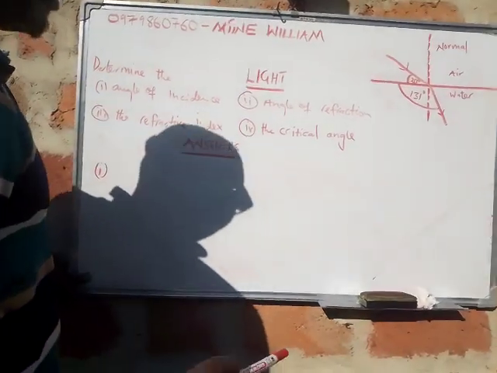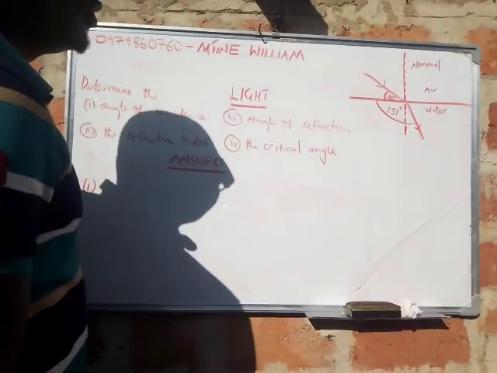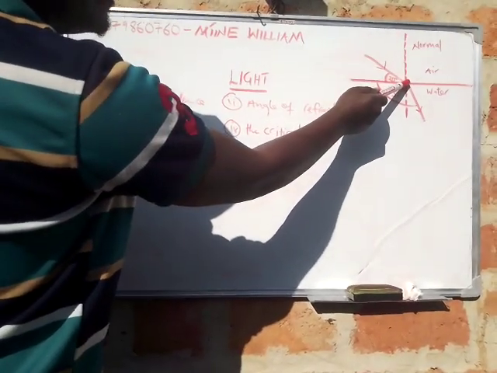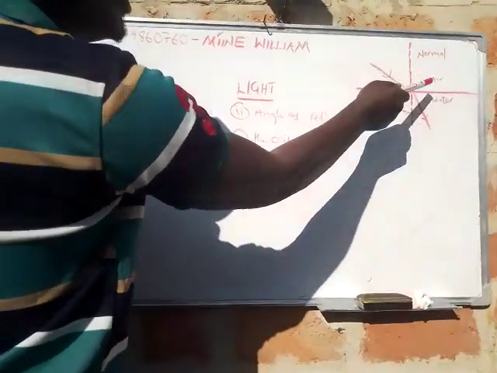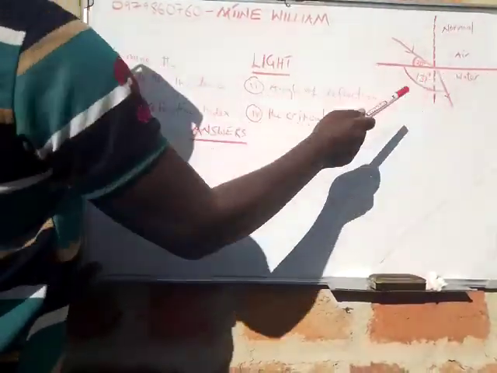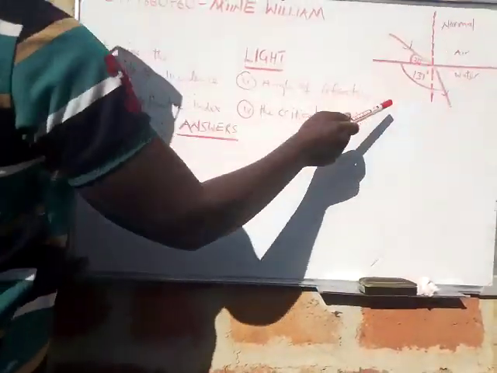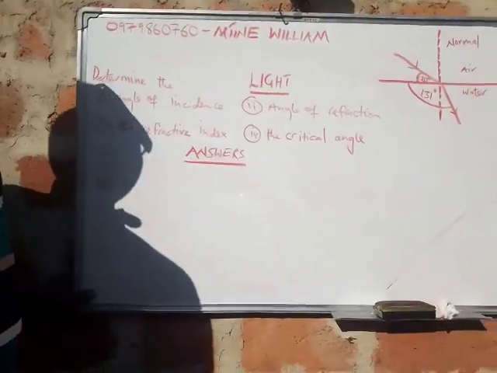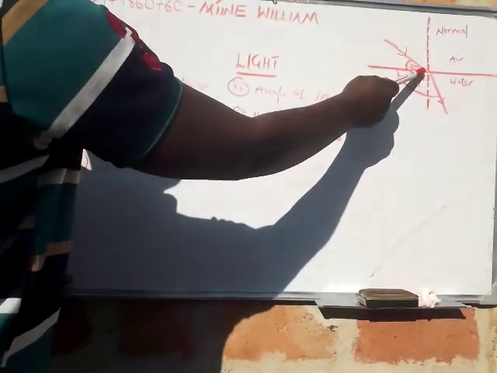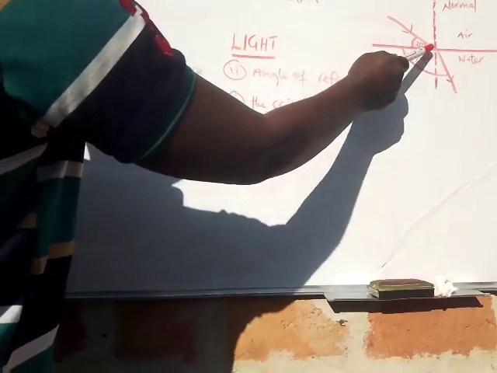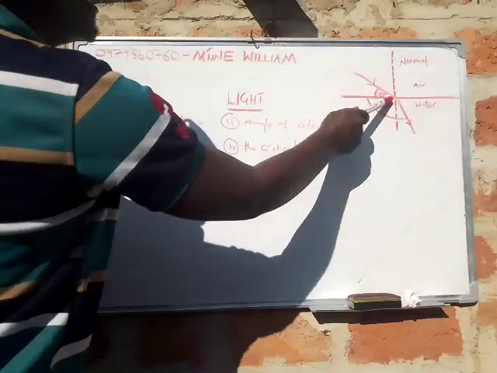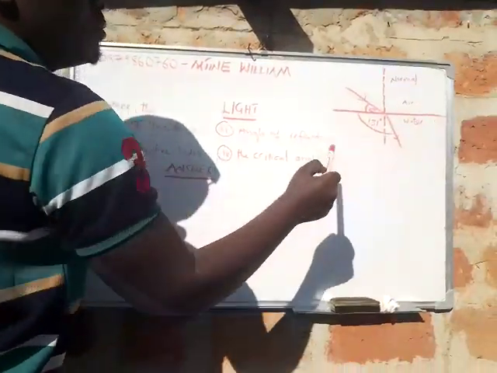The other thing we are going to look at is when light moves from one medium to the other. We can see that these are two different mediums: this side is air, this side is water. When light moves from a less dense medium to a more dense medium, the light will bend towards the normal.